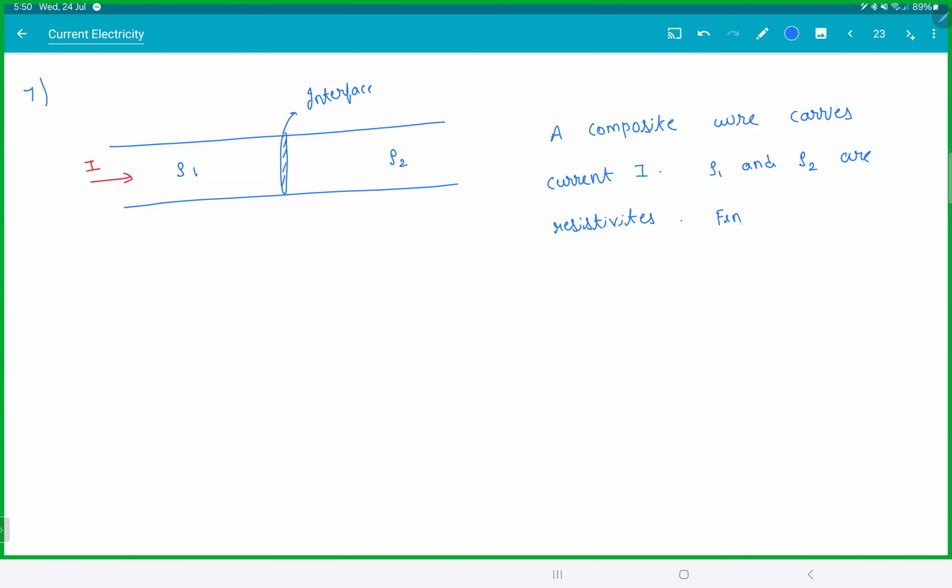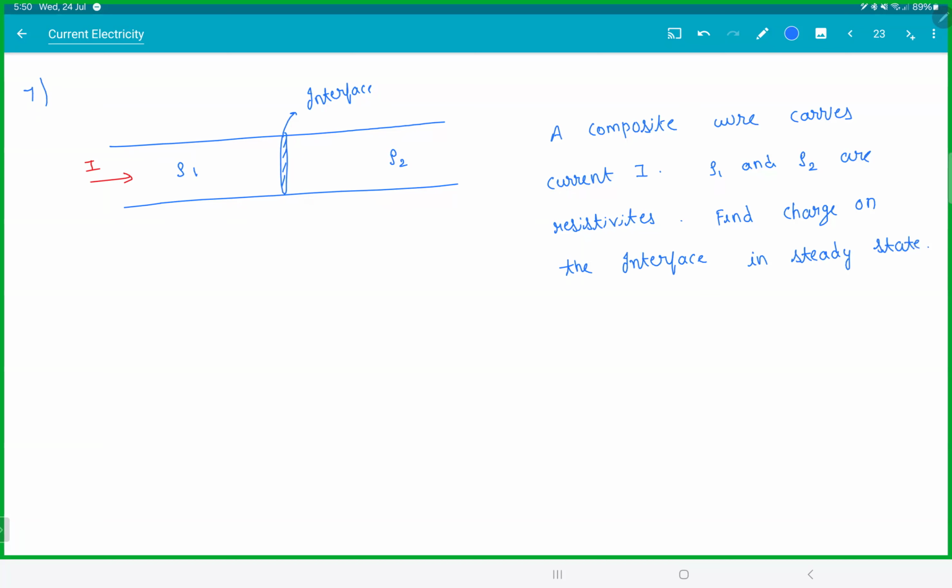Find the charge on the interface. Something happens and charge starts accumulating at the interface. So how much charge accumulates at the interface in steady state? Basically, when I say current I is flowing, it's a steady state only.